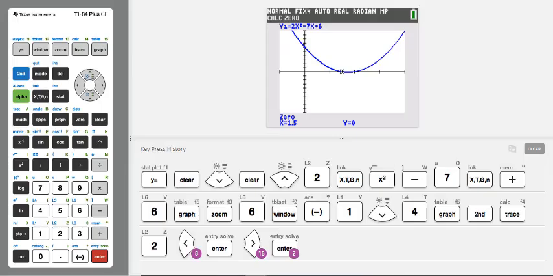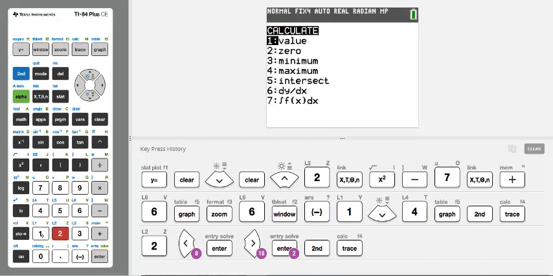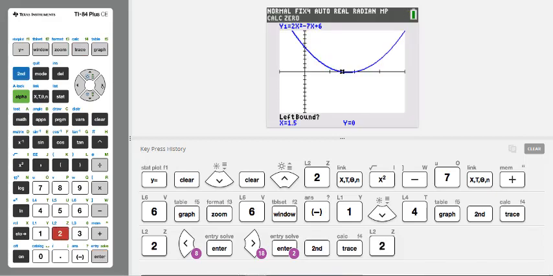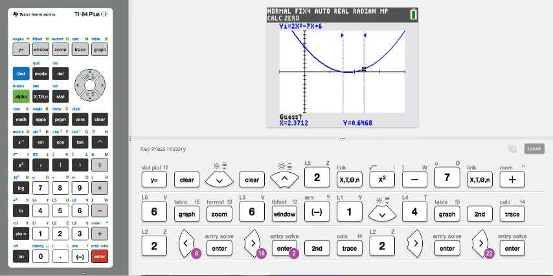And then let's do it again. Second trace 2. And what I'll do is I'll move it just a little bit right there, hit enter, and then I'll come over here and force it to look between those 2 points and hit enter. And it's at 2.